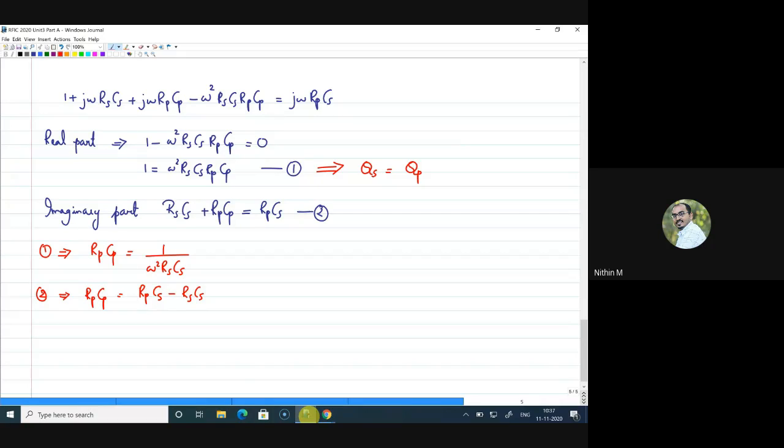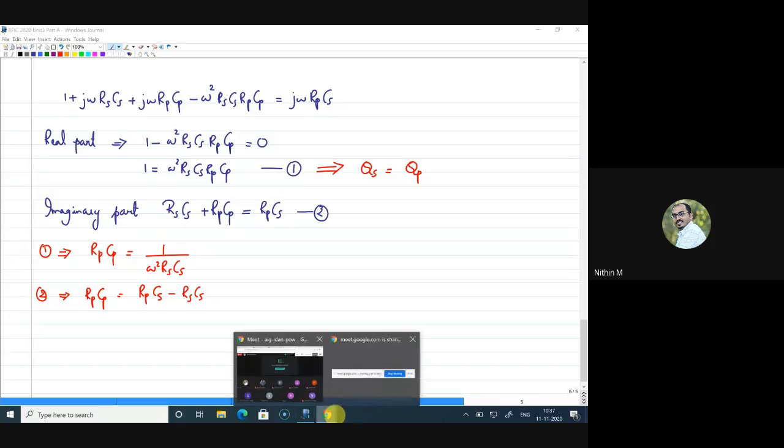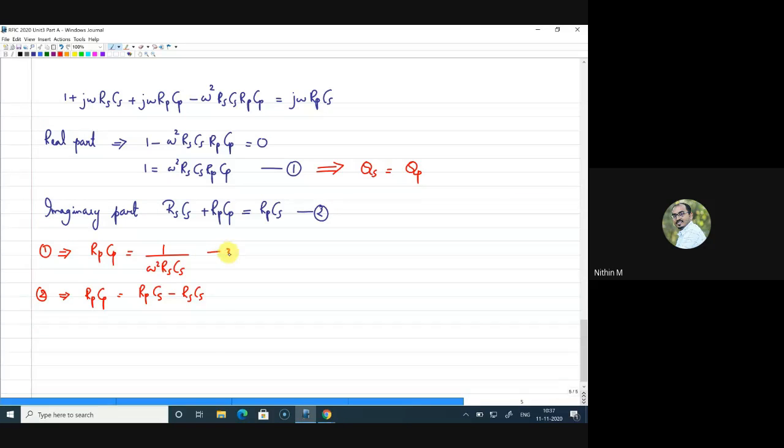So here, 1 by RPCP is equal to RPCS minus RSCS. Let me write these as equation 3 and equation 4. So I can equate 3 and 4. That gives 1 by omega square RSCS is equal to RPCS minus RSCS.